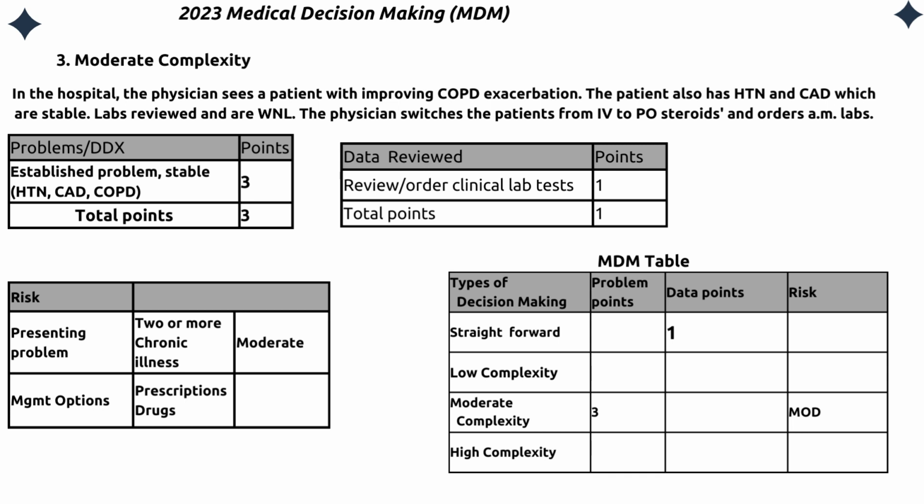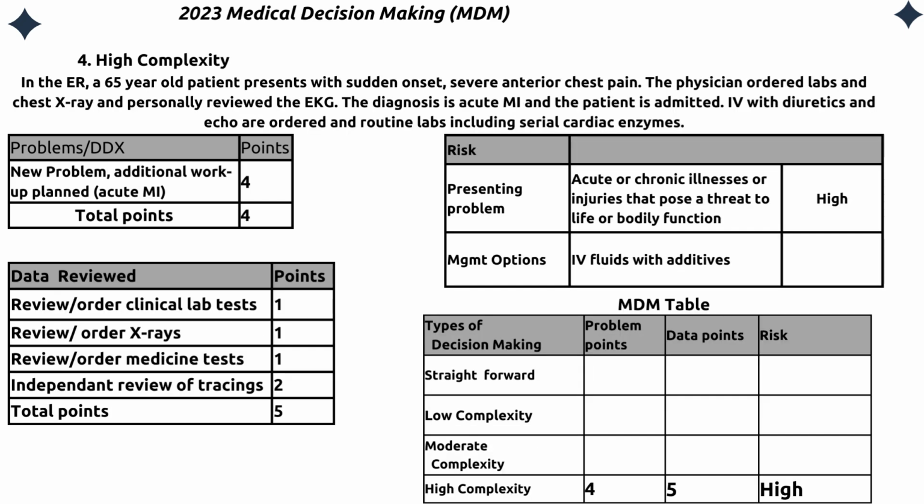Using the MDM points table to determine the level of MDM, as per our rule 2 of 3 dimensions are required. This would add up to moderate complexity medical decision making. And the fourth level of MDM is high complexity.